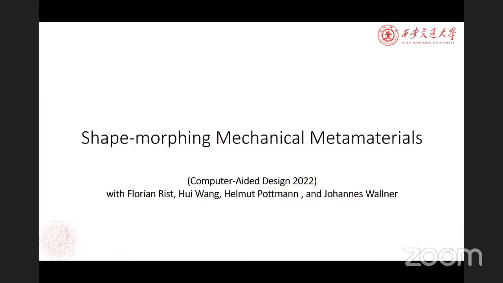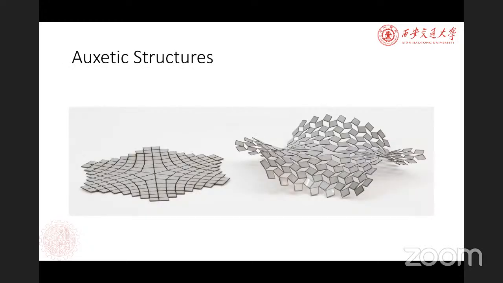Okay, so the third project I call shape morphing mechanical metamaterial. I consider this work also as a Carigami related work. A typical feature of metamaterials is their auxetic behavior. So as shown here, this is an example of an auxetic structure.